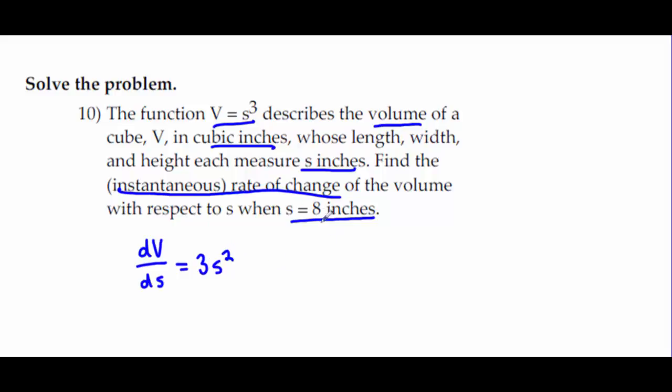Now it wants me to find that when s is 8 inches, so I'm going to plug in 8. 3 times 8 squared, you do the 8 squared first and get 64, and then times that by 3 and get 192. Our units for this are the units for volume, which is inches cubed, over the units for our side length, which is inches.